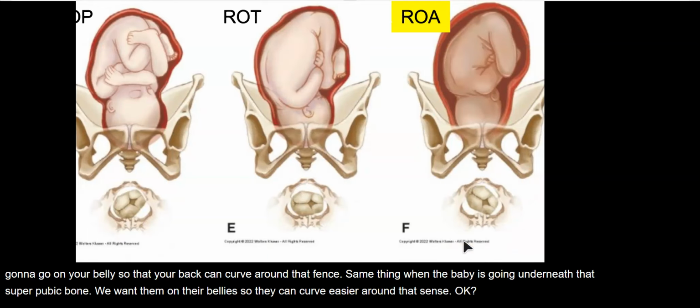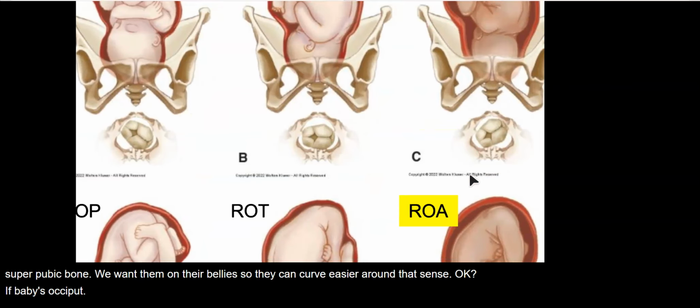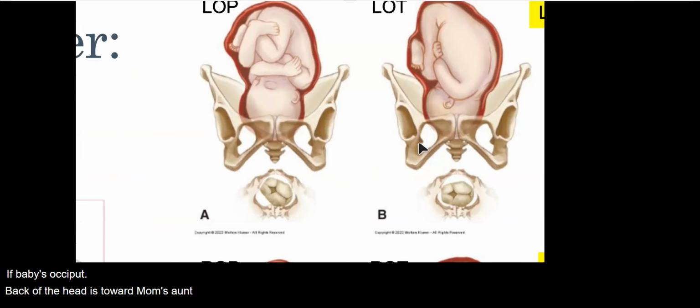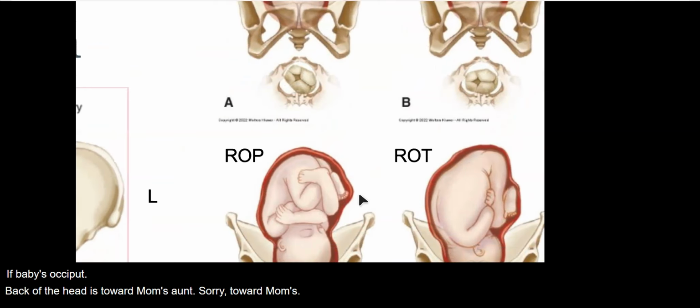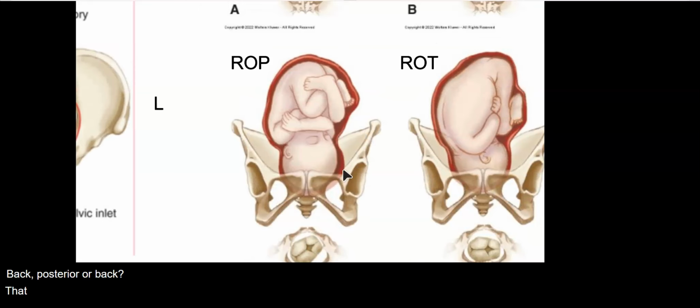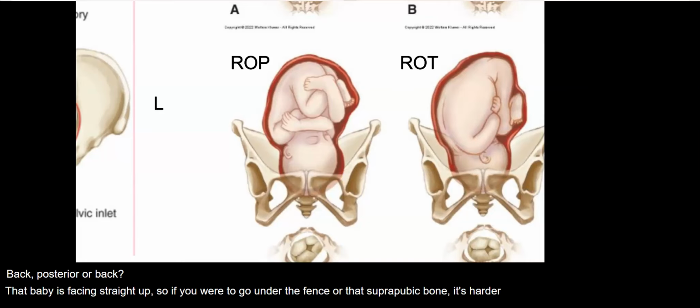If baby's occiput, back of the head, is toward mom's back, posterior or back, that baby is facing straight up. So if you were to go under the fence or that suprapubic bone, it's harder to curve around that fence.